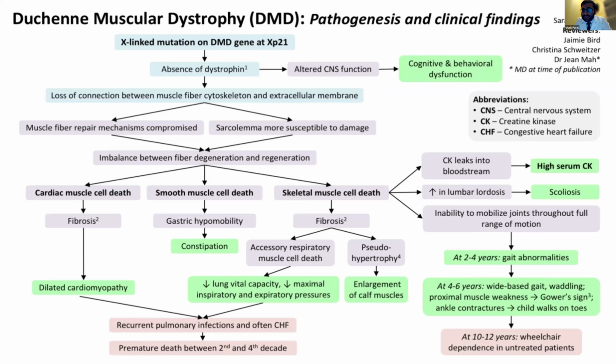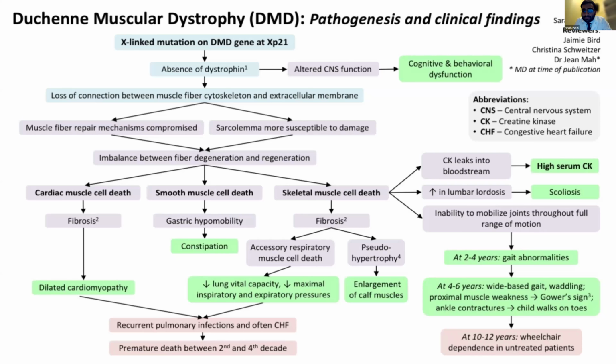So when the skeletal muscle cell is necrosed and accompanied by fibrosis, it can affect the respiratory muscles, which can affect the breathing patterns, which ultimately leads to decreased lung vital capacity and the inspiratory and expiratory pressures. So this in turn leads to recurrent respiratory infections combined with congestive heart failure.